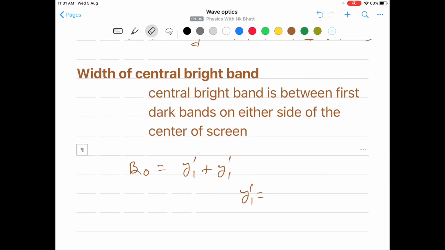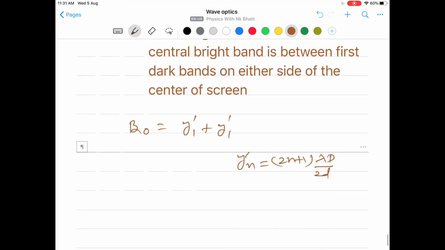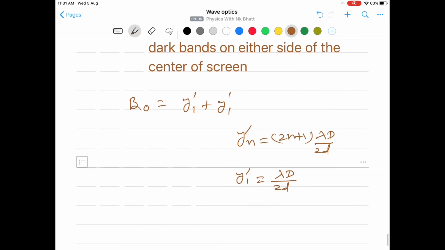To find y1 dash, we will use the formula of dark positions, that is y dash n is equal to (2n plus 1) lambda D upon 2d. To find the position of the first dark band, we have to replace n is equal to 0, so y1 dash is equal to lambda D upon 2d.